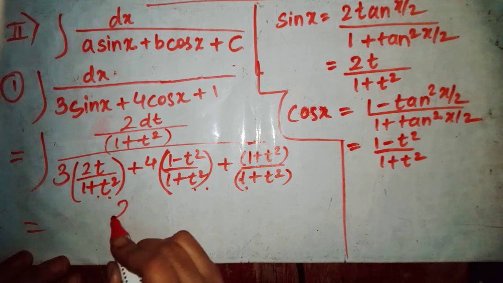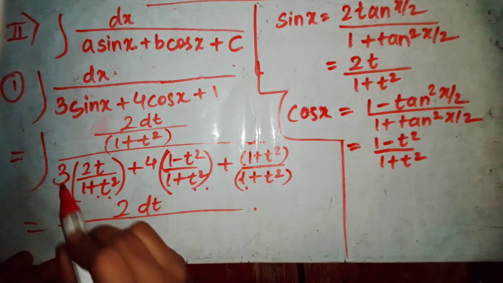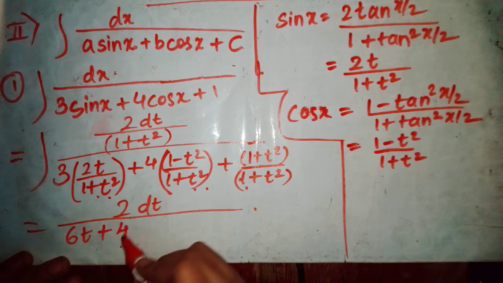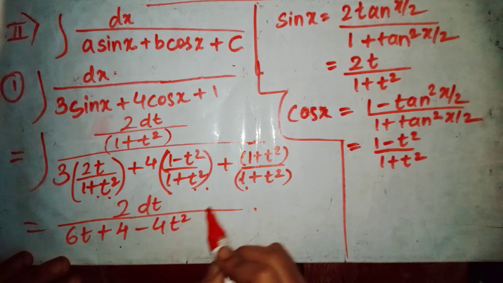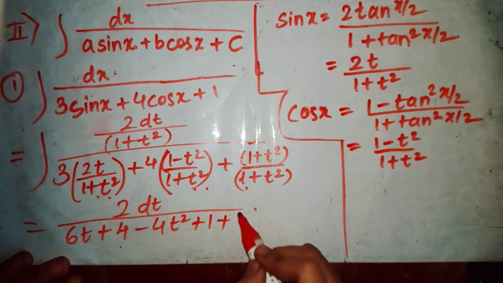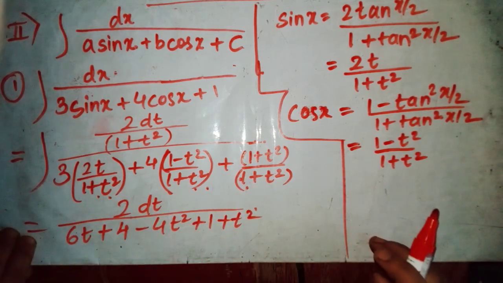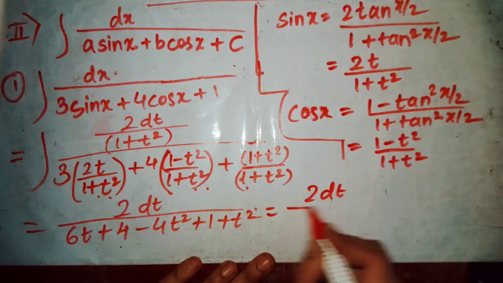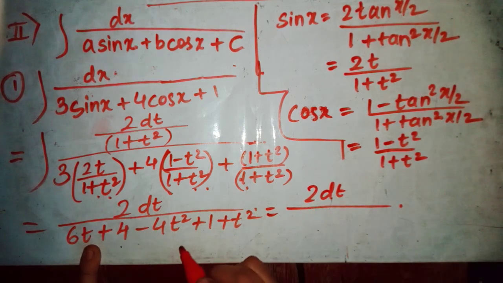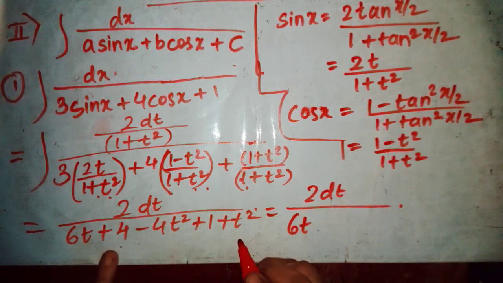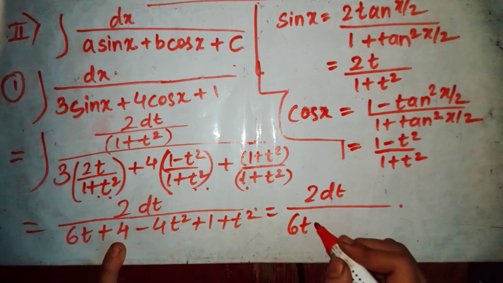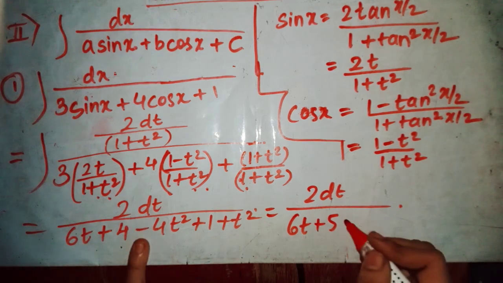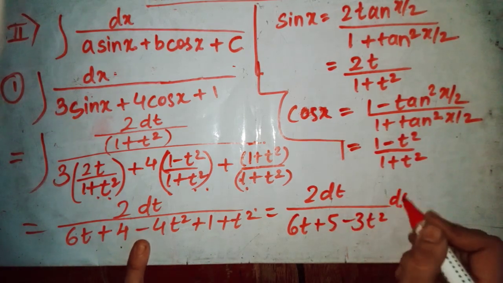So we will get 2 dt upon, adding these terms, 3 into 2t is 6t, 4 minus 4t square plus 1 plus t square. So this will be 2 dt upon 6t, then 4 plus 1 is 5, minus 4t square plus t square, so minus 3t square dt.